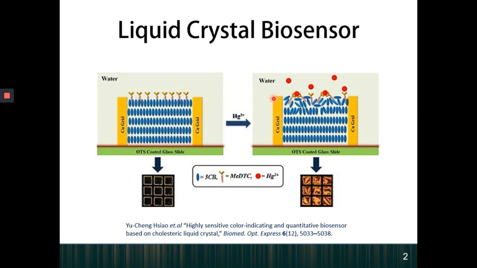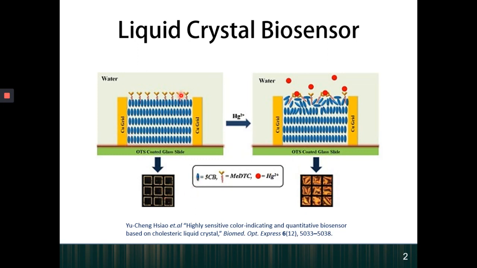If you detect some material, that material will interact with the ligands, or if you are doing biosensing, your antigen will interact with the antibodies, and that will change the alignment orientation of the liquid crystals, and make the liquid crystal give different optical signals.